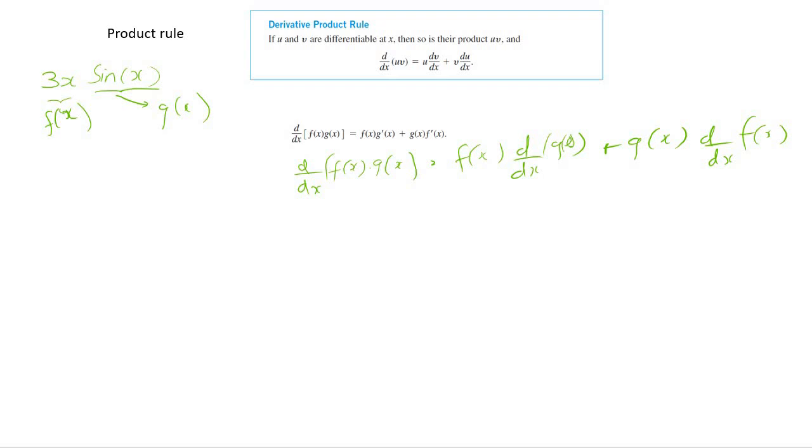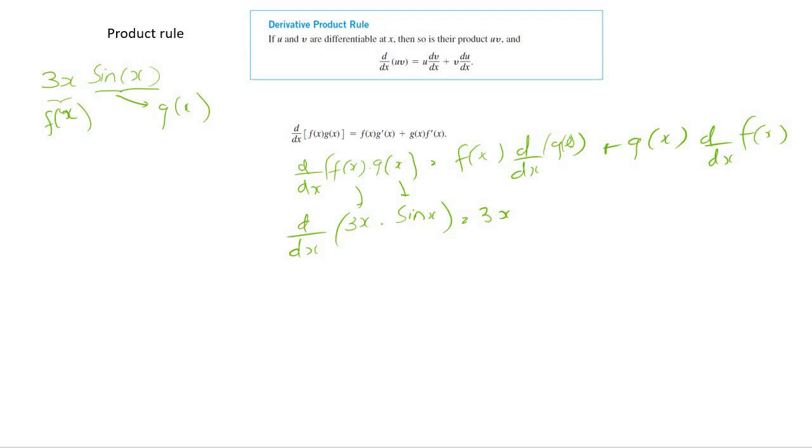So if we say the derivative of 3x times sin x, where f(x) is 3x and g(x) is sin x, we write the first function the same, 3x. What's the derivative of sin x?